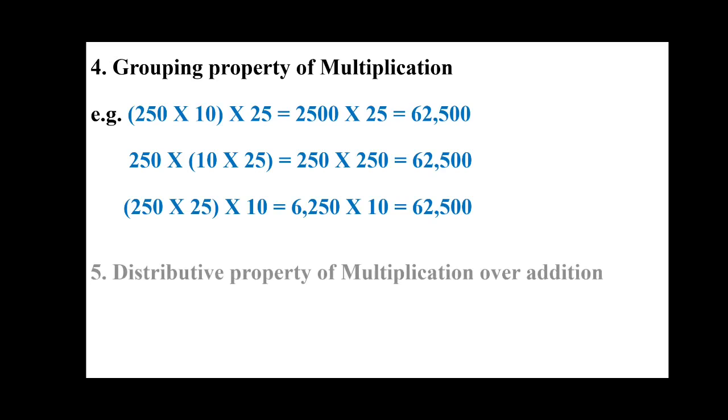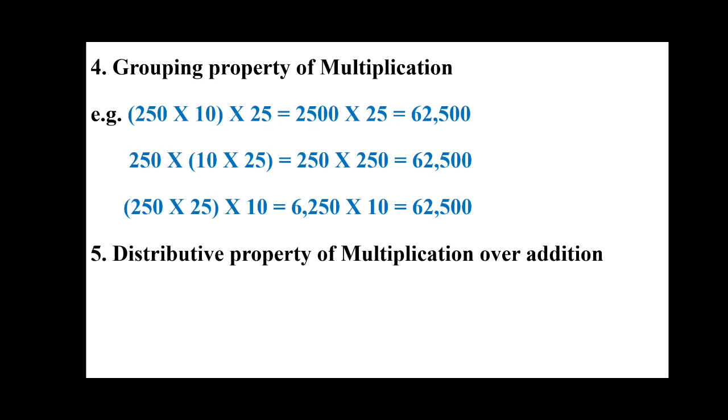Last property, distributive property of multiplication over addition. The product of a number multiplied by the sum of two numbers is equal to the sum of the products of that numbers with the two addends separately.